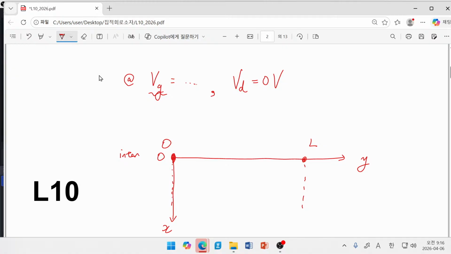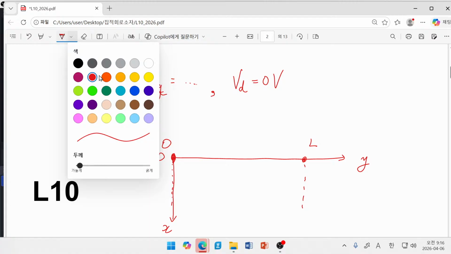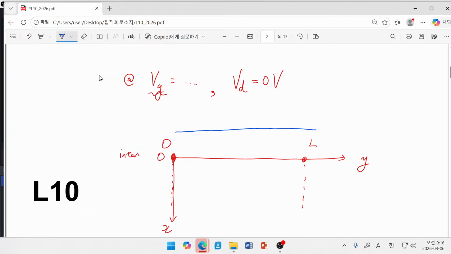Where can you find your oxide or metal gate? Your metal gate can be found somewhere here, at x position minus T ox, which is quite short, and beyond that point you can find a gate terminal.